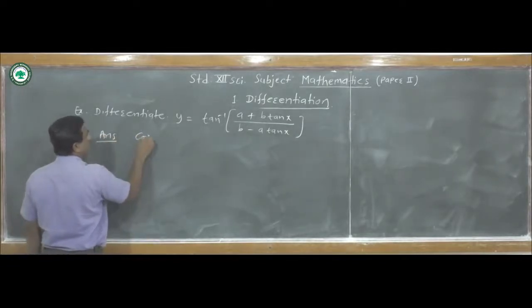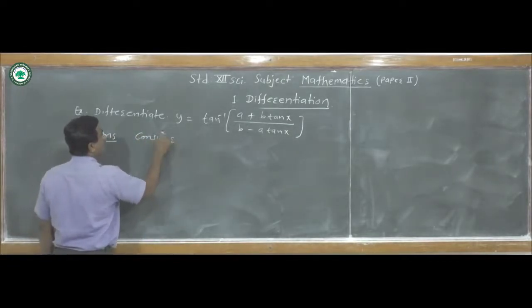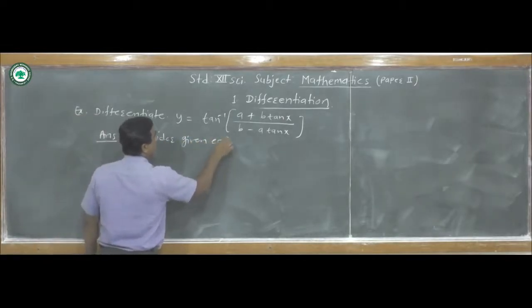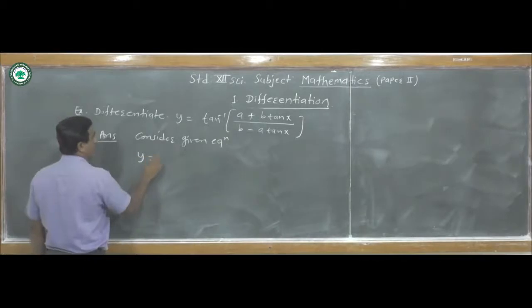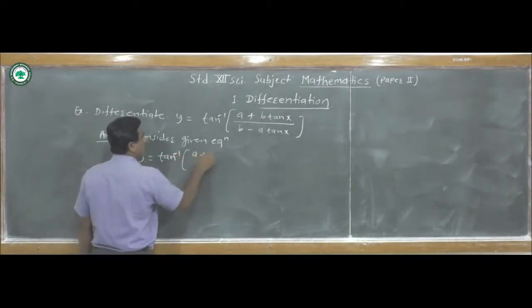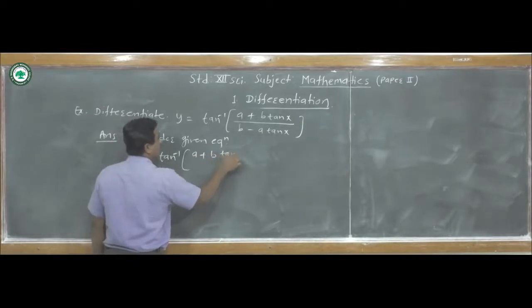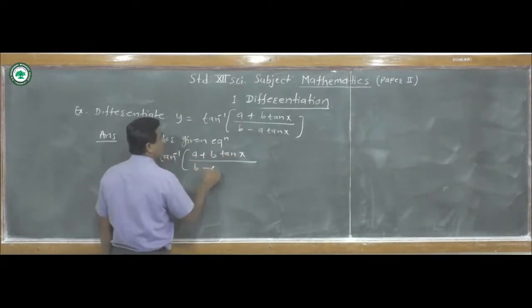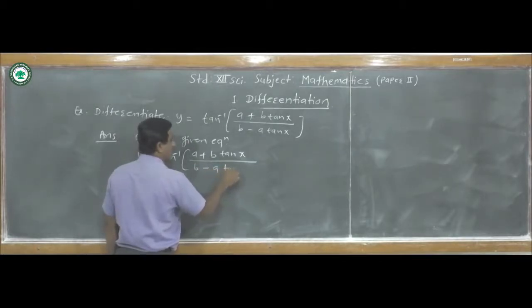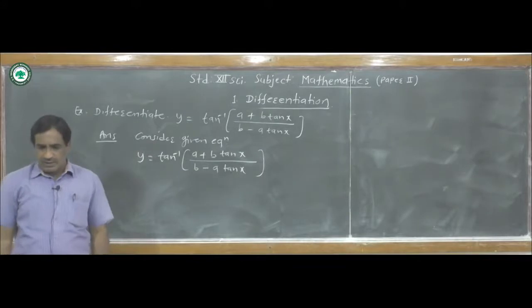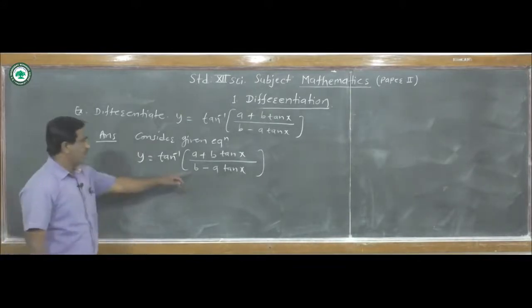Consider the given equation y is equal to tan inverse of a plus b into tan x upon b minus a into tan x. Okay. Now here we want 1 instead of b.